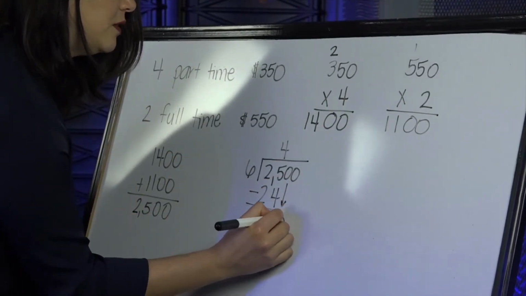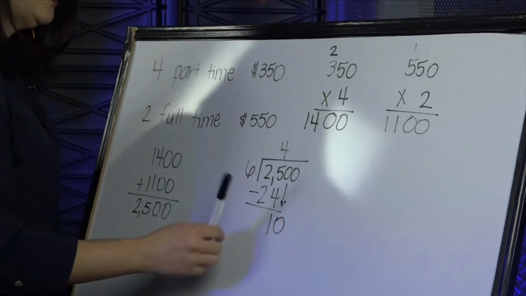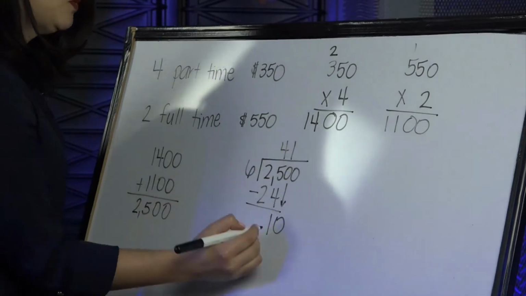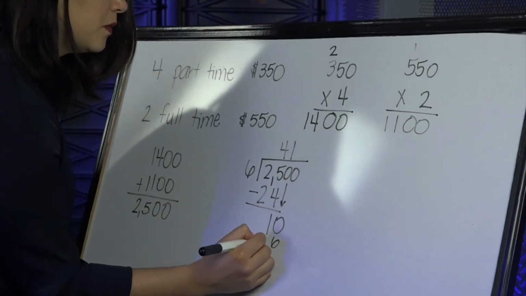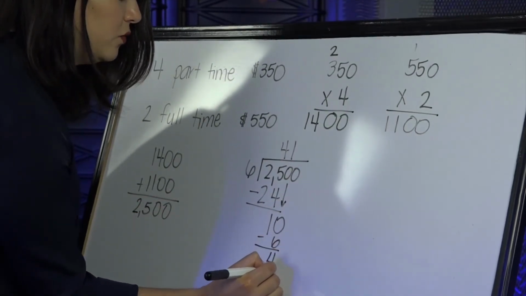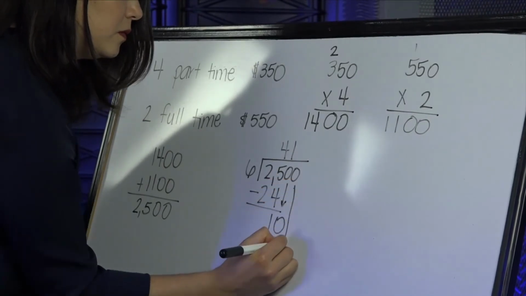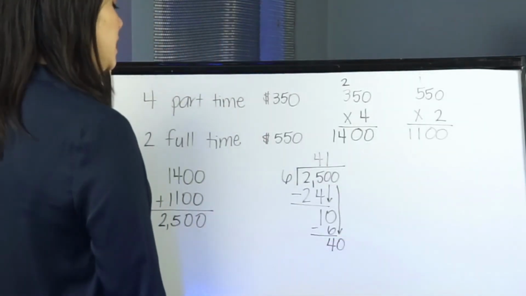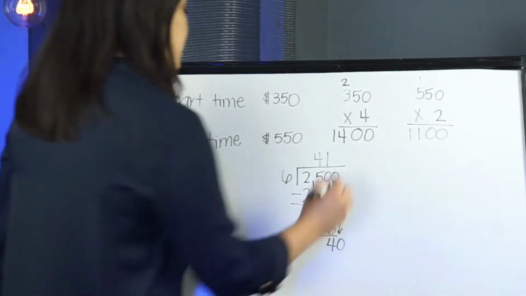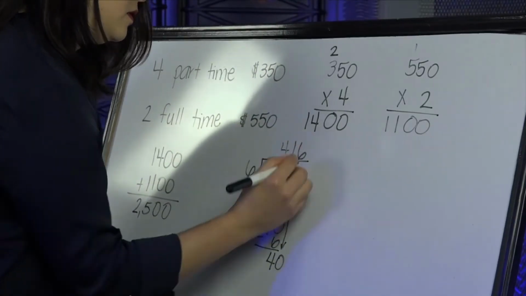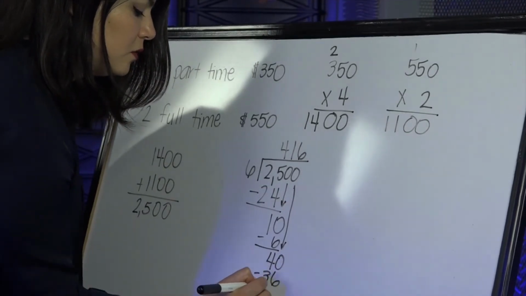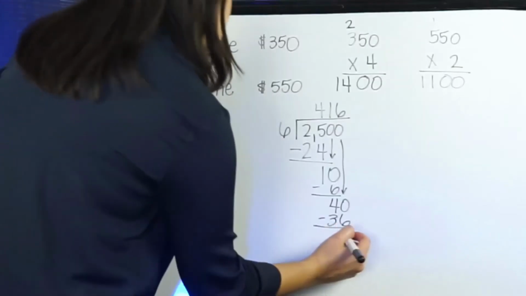We're going to bring down a 0. 6 goes into 10 1 time. 6 times 1 is 6. 10 minus 6 is 4. We bring down the other 0. 6 goes into 40 6 times. 6 times 6 is 36. 40 minus 36 is 4.